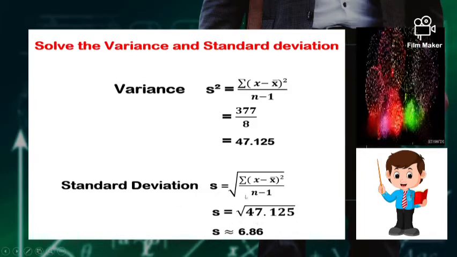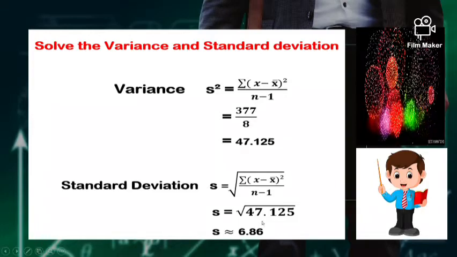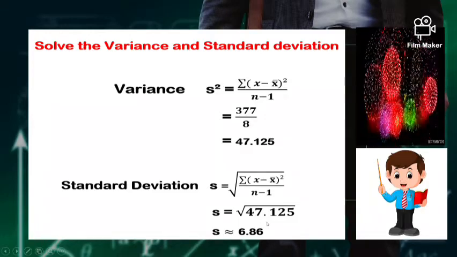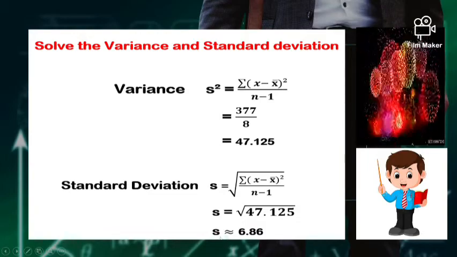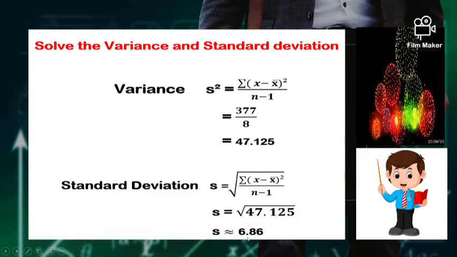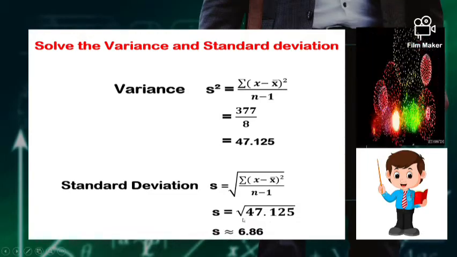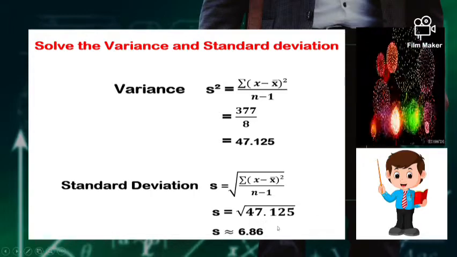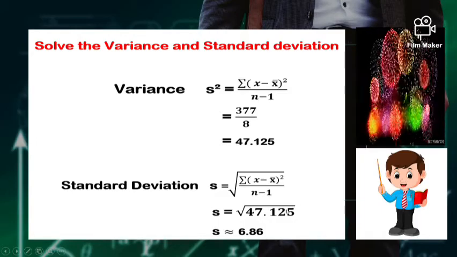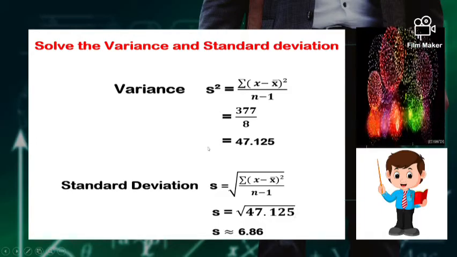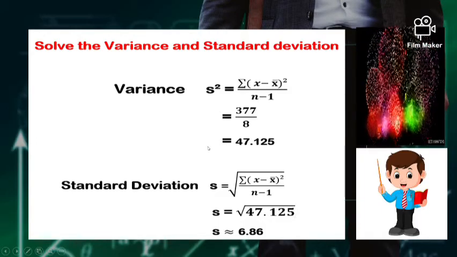When you extract the square root of 47 and 125 thousandths, that is approximately 6.86. Again, the square root of 47.125 is approximately 6.86. So once you get the variance, you get the standard deviation.